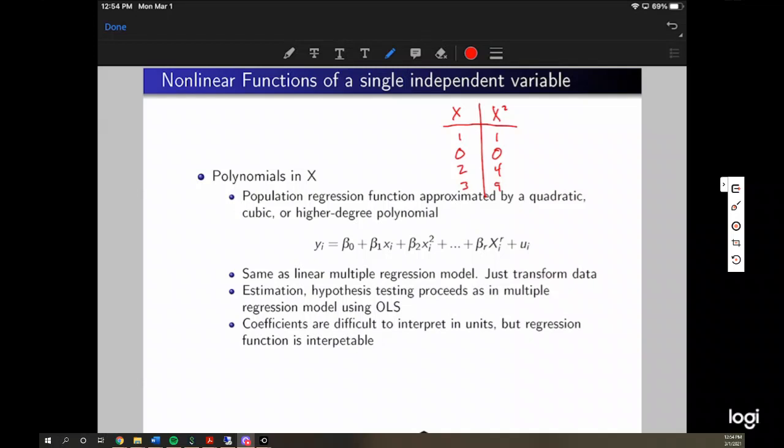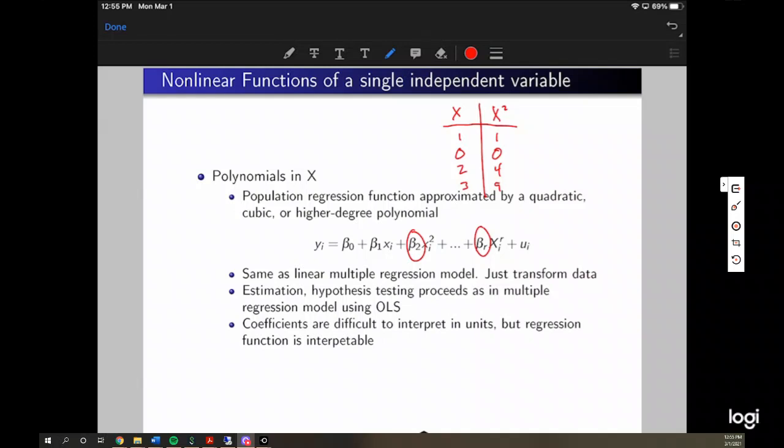The estimation and hypothesis testing proceed as in multiple regression models using OLS, so everything's exactly the same as before, thank goodness. We can specify t-tests on beta 2 or beta r, exactly the same as we did before. The model doesn't really know that x and x squared are related to each other.